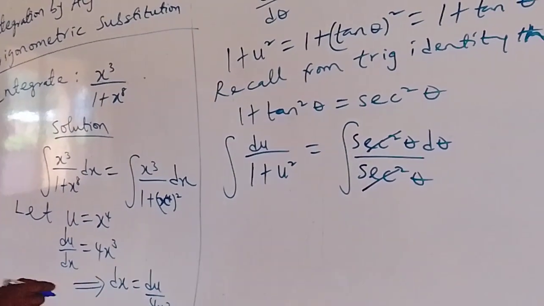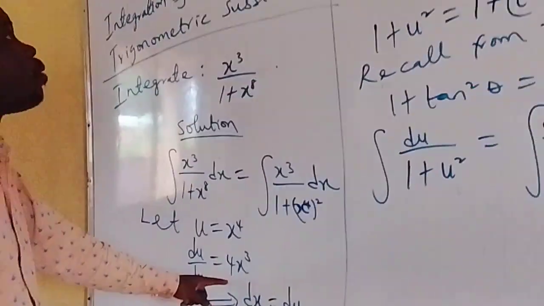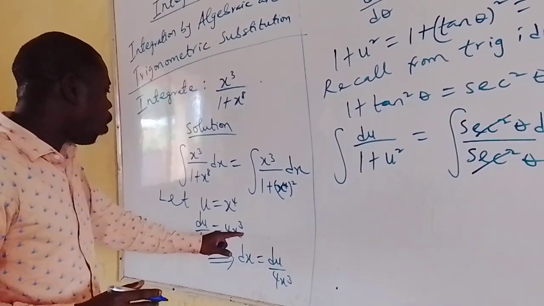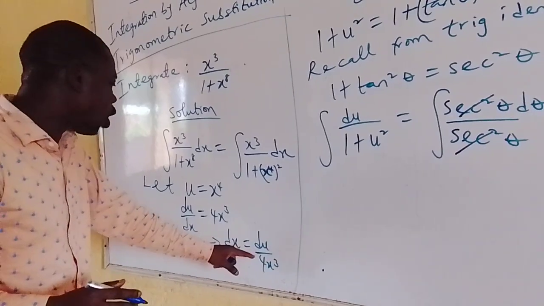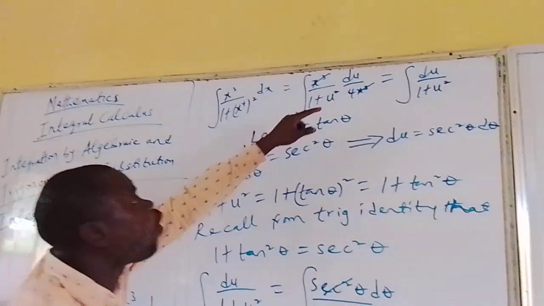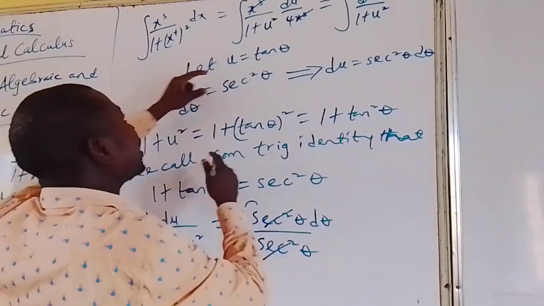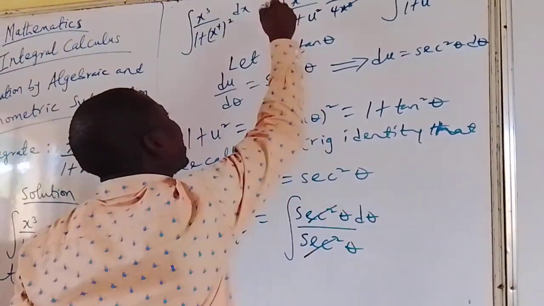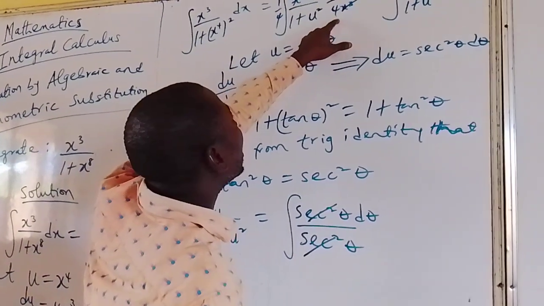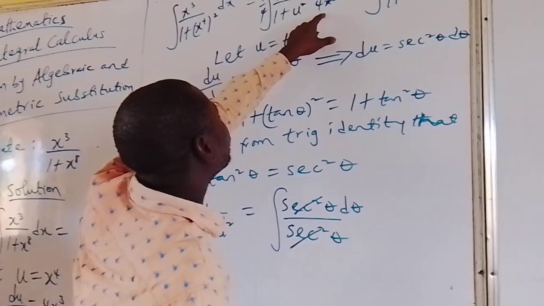So don't forget that here we have du dx equal to 4x cubed, such that dx is du all over 4x cubed. So this 4 here comes out of the integral and becomes 1 over 4. Don't let us forget, this becomes 1 over 4 because here we are left with a constant which is 4.